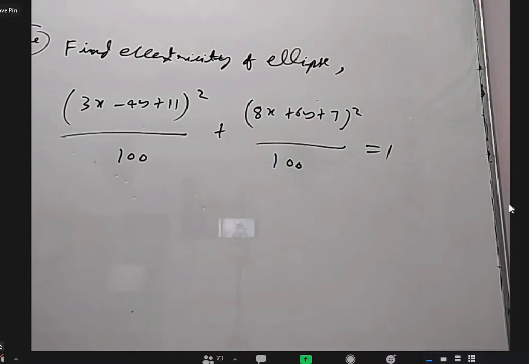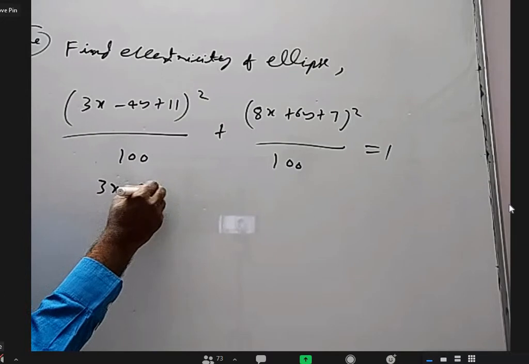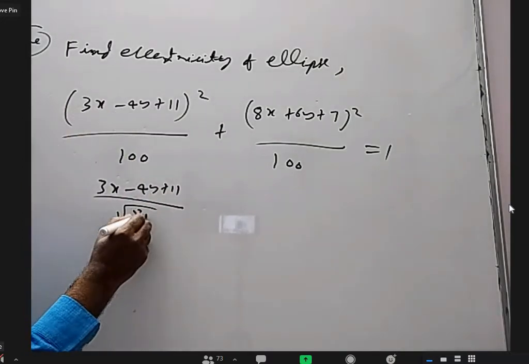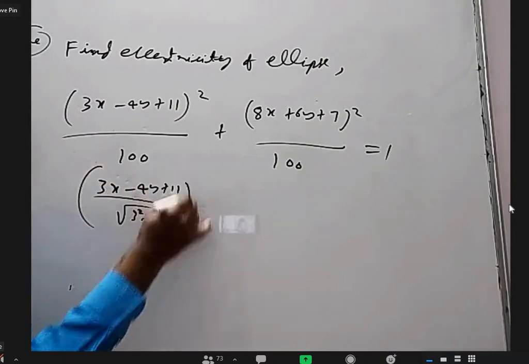So this is root 3 by 2? Yes, correct. This should be in distance formula. So 3x minus 4y plus 11. From this 100 I have to borrow 25 because I need to have root of 3 square plus 4 square.